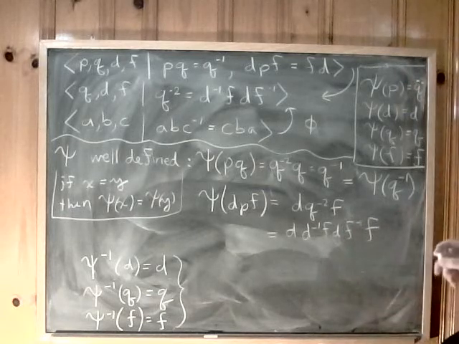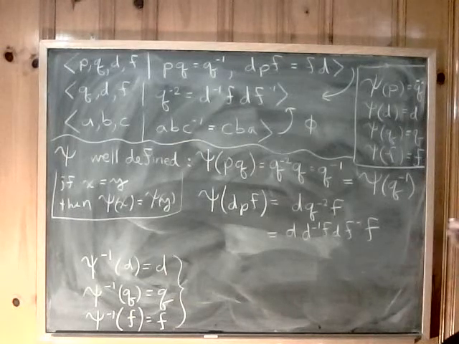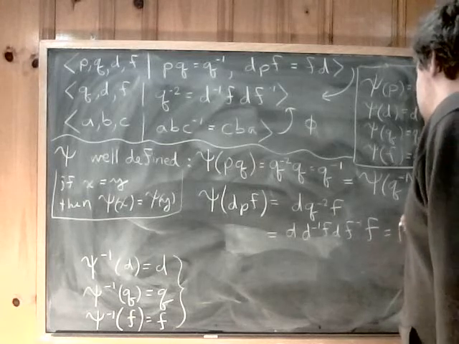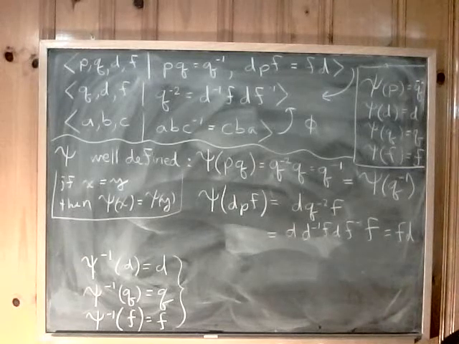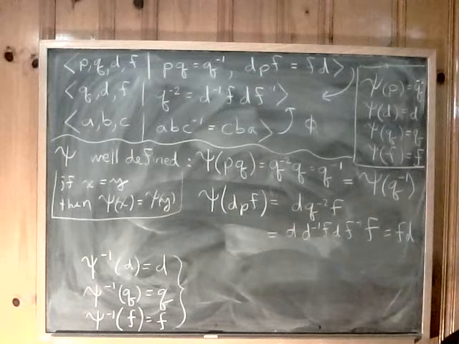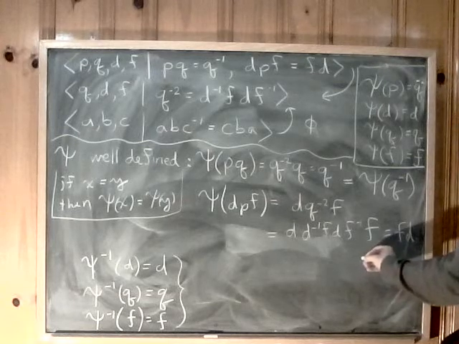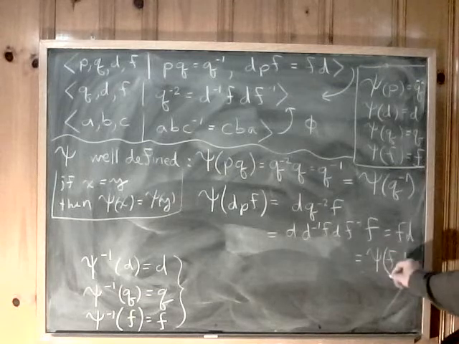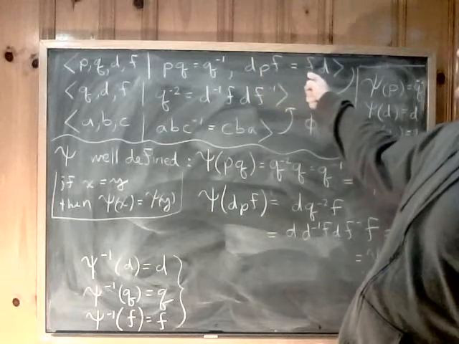So replacing q to the negative 2 with that lets me then cancel the d and the d inverse and the f inverse, and I'm left with just f d in the middle. And that is the image of fd using my c. So that's equal to C of FD, which is what I wanted. I wanted to make sure that C applied to DPF is the same as C applied to FD.